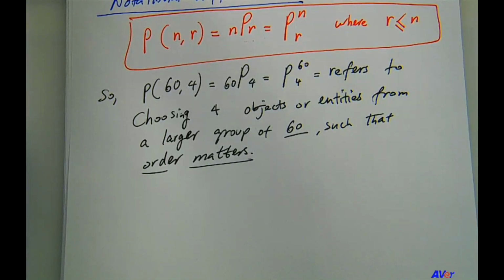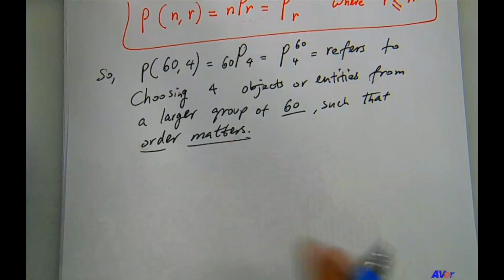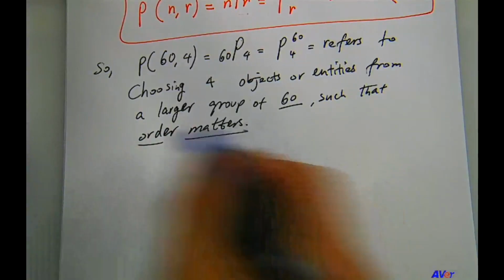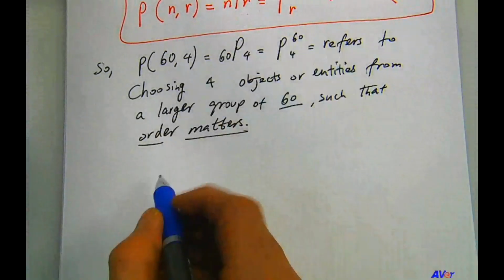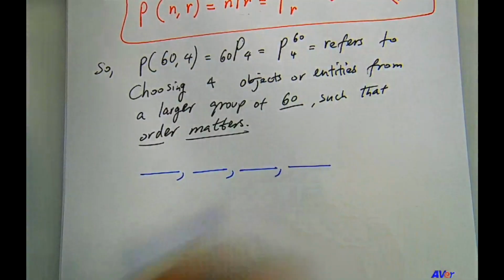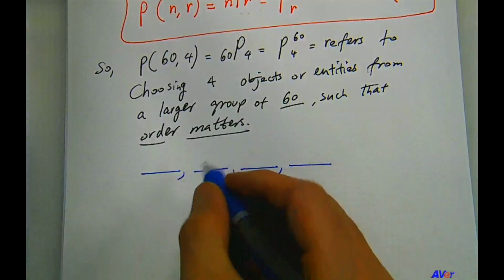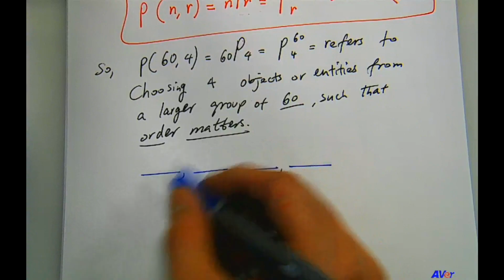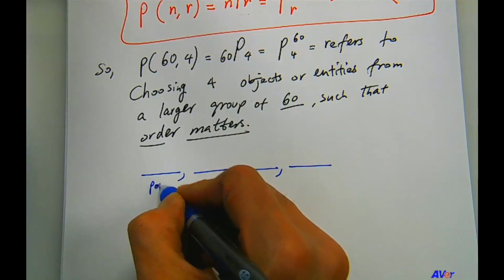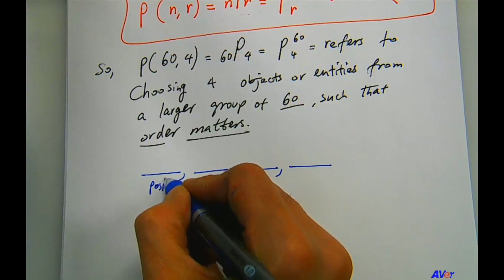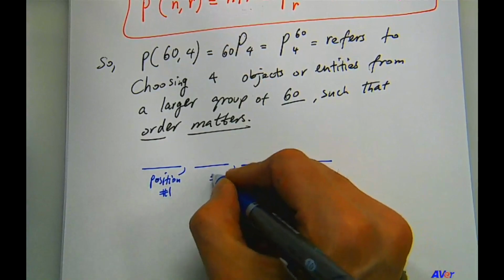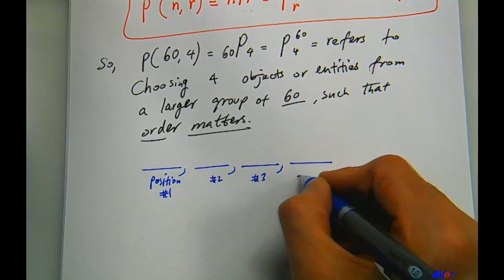Okay, so you can either calculate this using a calculator, we'll get to that later, or you can derive it logically on a piece of paper. So you say, well, I'm choosing 4 out of 60, and order does matter, right? So because order matters, let's call these position number 1, number 2, number 3, and number 4.